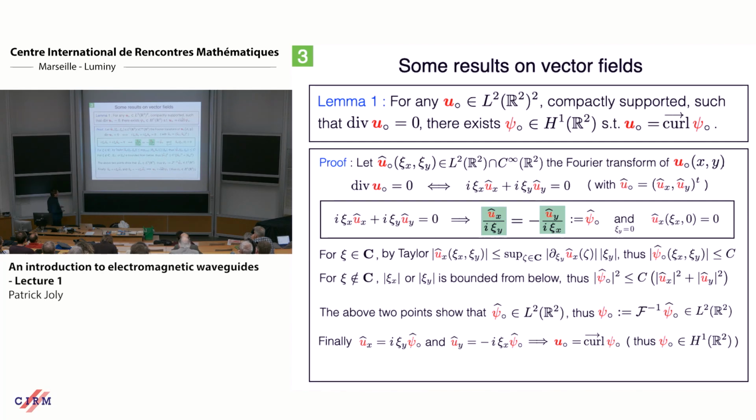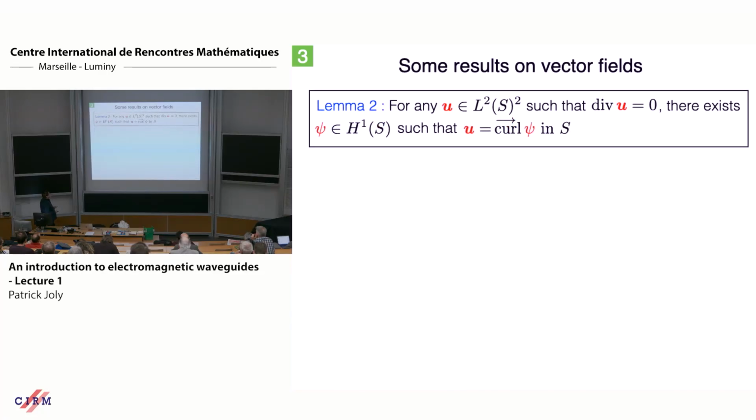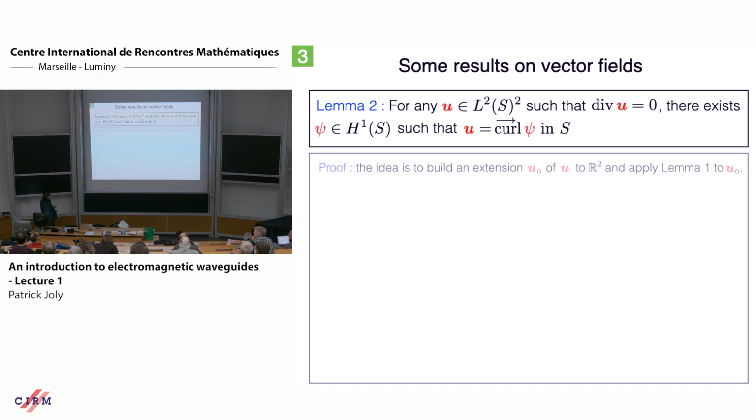So the proof is complete. Now, the second lemma says that the result remains true in a simply connected domain. The proof is to use the previous one by extending U to some U0 in R2 and applying the previous lemma.